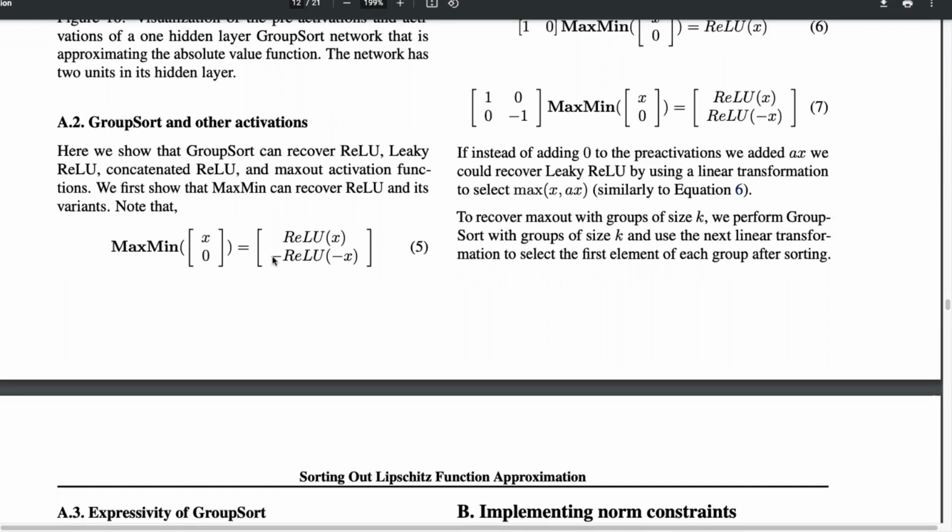Yeah, you're right. But x was negative in the first place. So then it becomes positive. Oh, you're right. You apply ReLU to it, and then you basically, so. But you could say it's x again, right? Yeah, it is, exactly.